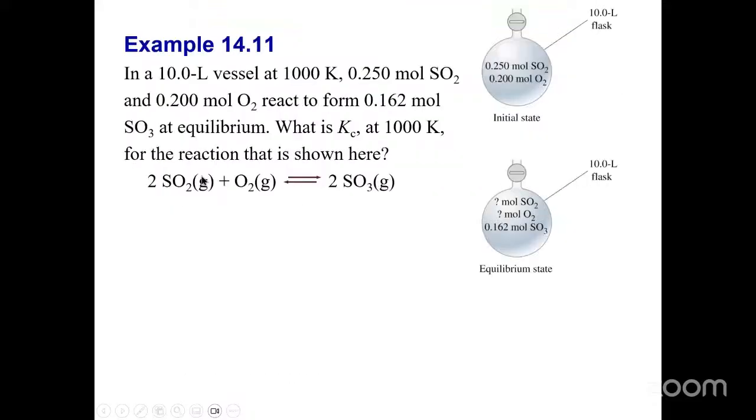So the best way to learn this, of course, is to go directly into an example. So we're going to look at this example right here. This question says that you have a 10-liter vessel, you give the temperature, and it gives you the amount of SO2 and O2 present, and they react, and at equilibrium, you're going to end up with 0.162 moles of SO3.